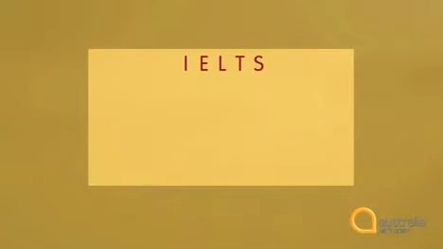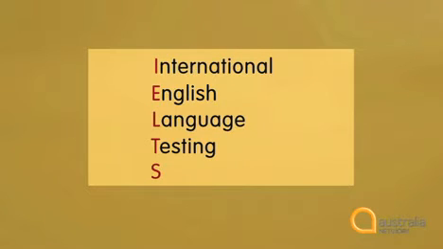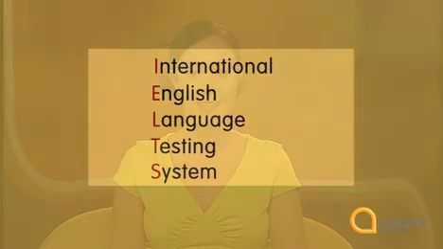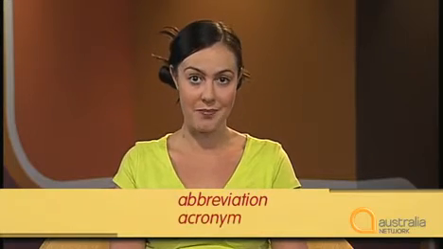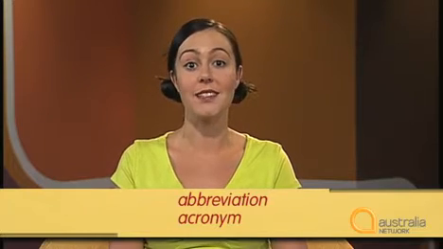Another abbreviation you'll recognise is IELTS. IELTS stands for International English Language Testing System. This form of abbreviation is called an acronym. With an acronym, we don't pronounce the individual letters, we pronounce it as a word. So we say IELTS, not I-E-L-T-S.